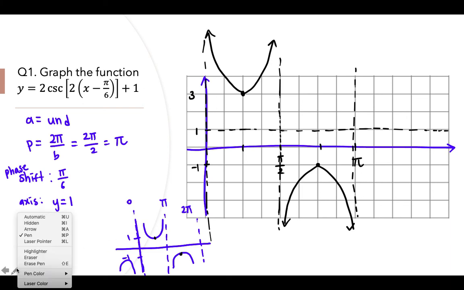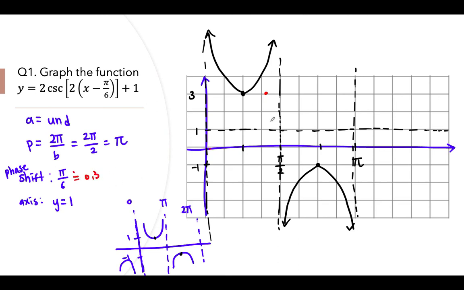Now let's incorporate the phase shift in a different color, red. We're going to move pi over 6 to the right. Assuming that pi over 6 is about 0.3, and every pi over 2 is 0.5, I'm going to be moving this about approximately 0.3 steps.